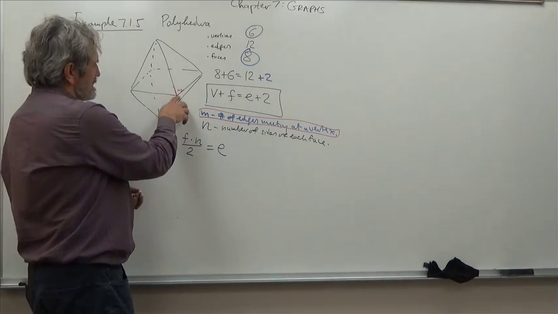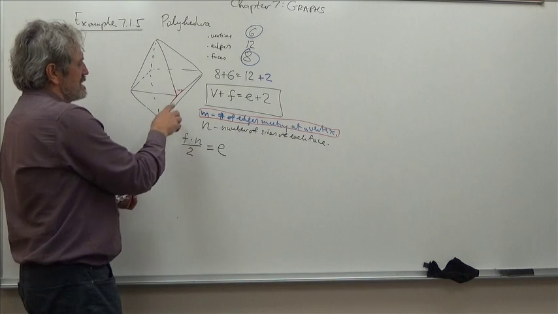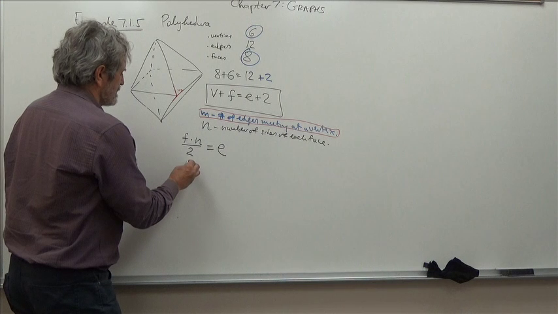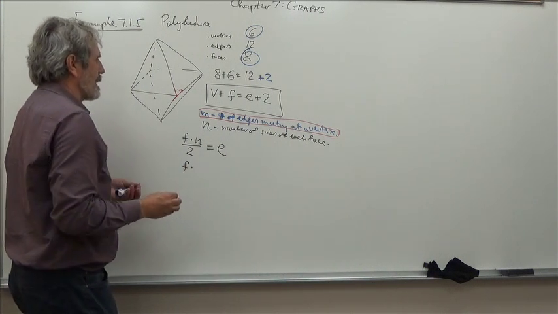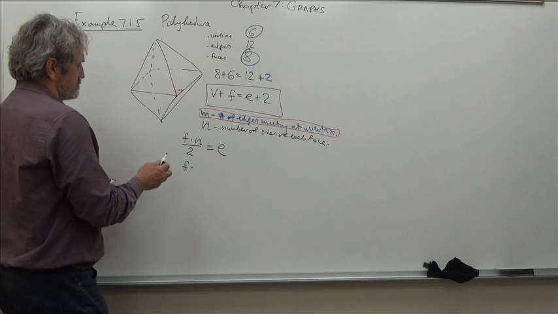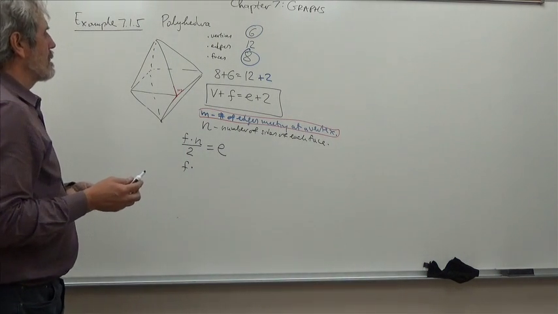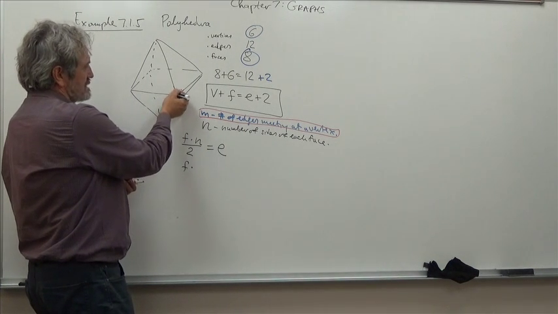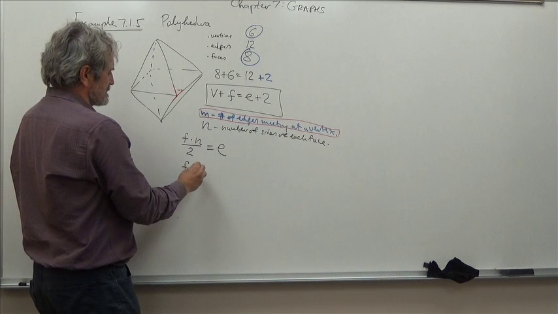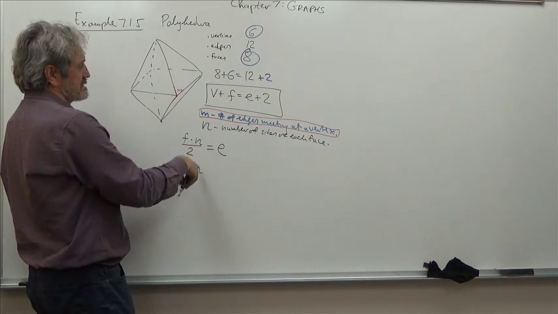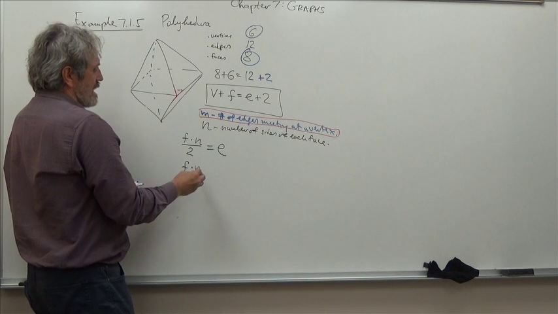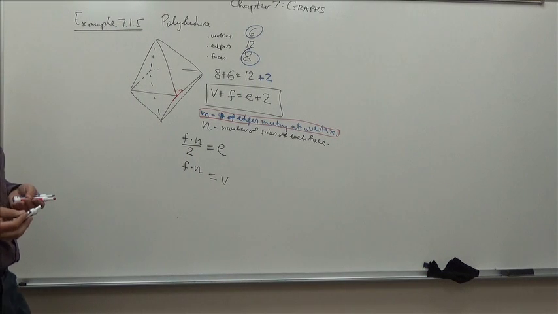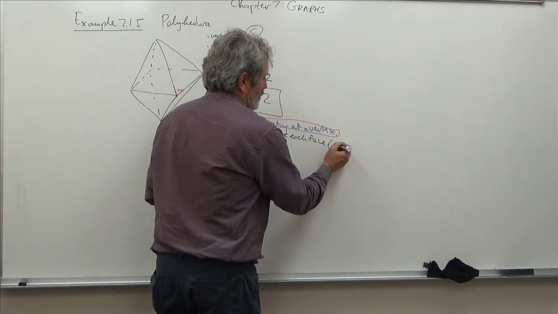Also, what can I say here? Every face has N vertices, because the number of vertices in the polygon is the same. So that would give me the total number of vertices.